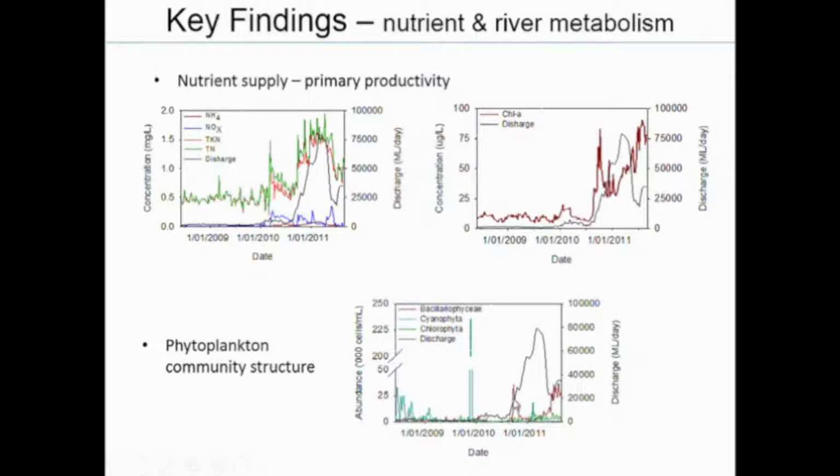During the rising limb and falling limb of the flood, the community shifted to a diatom-dominated assemblage, which is quite positive for the aquatic food web. Meanwhile, these hydrodynamics changing the plankton community also reduce the risk of cyanobacteria blooms in the Lower Murray.